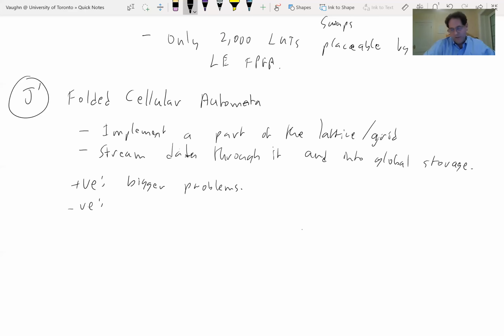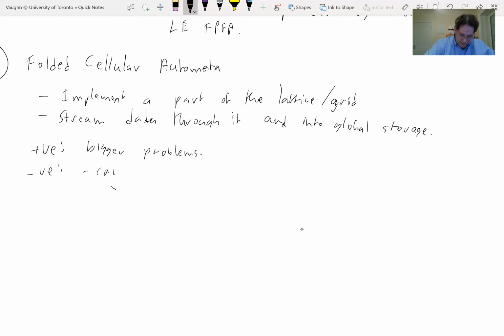What you've lost is it can have high memory traffic. So if we think of electromagnetic problems, you would stream in a whole bunch of electric fields for a part of the grid. You would get a whole bunch of magnetic fields for that part of the grid, write them out to memory.